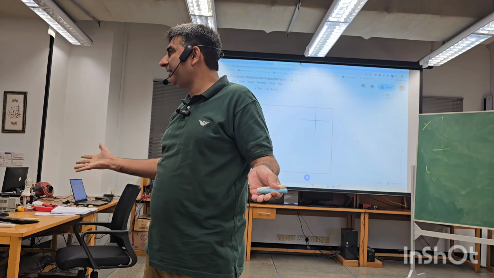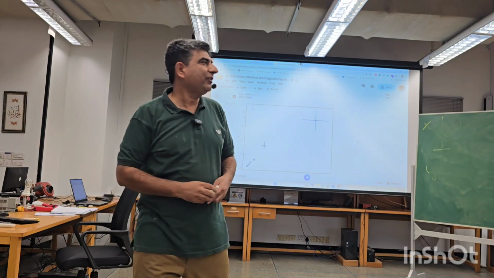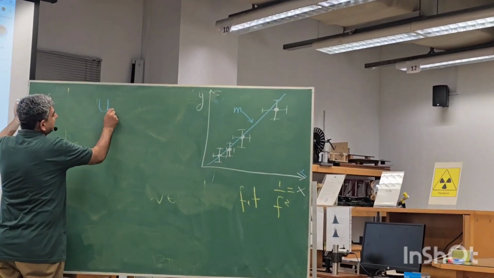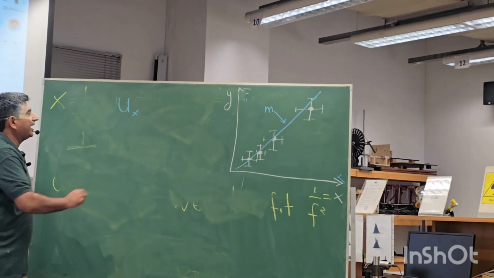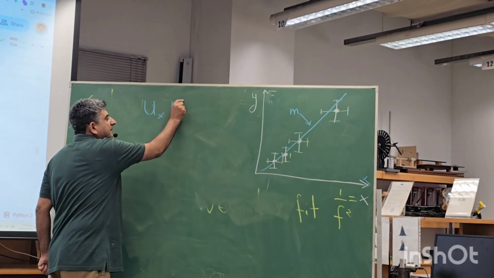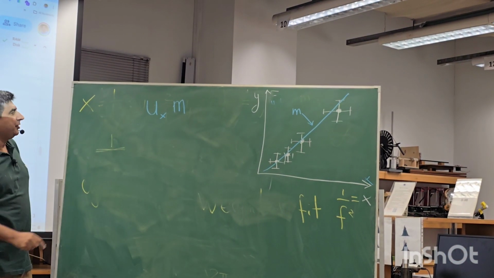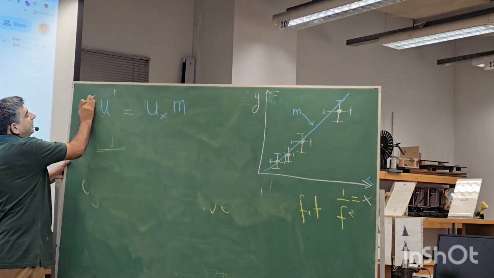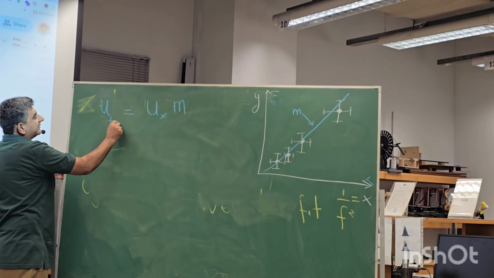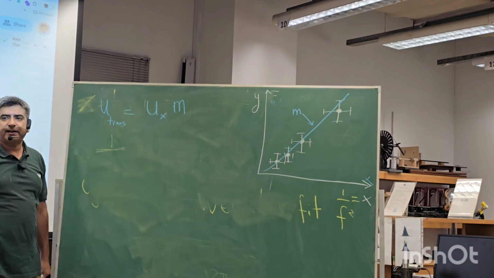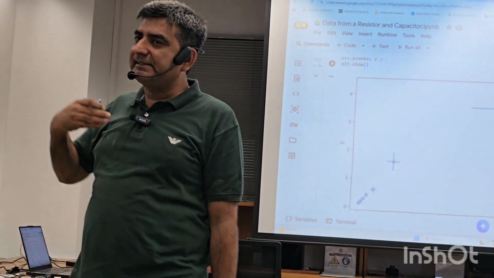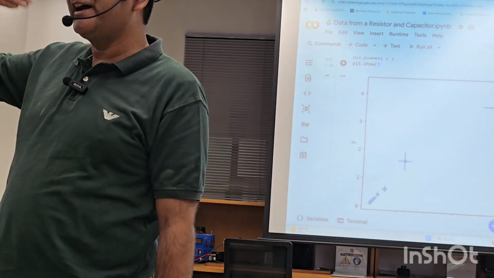That's what the slope really is. So you take all the uncertainties along x, the ux's, each one of them, and multiply it with m. You get the uncertainty, let's call this trans. The uncertainty that has been transferred from the x-axis and now exists in the y-axis.